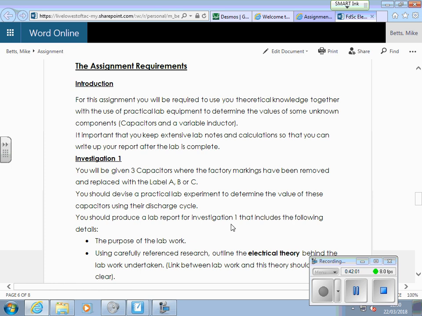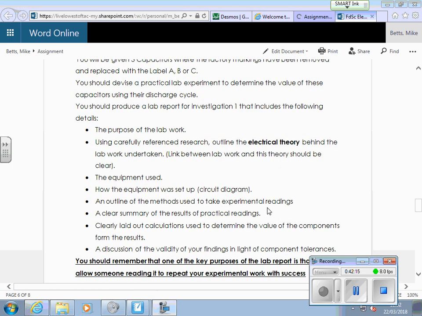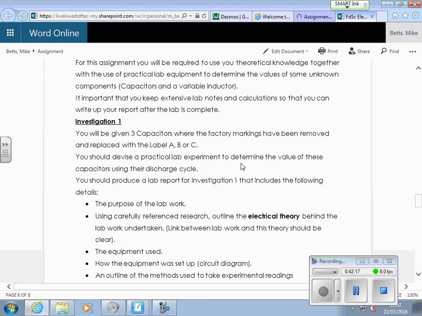You're going to use that to find out what the value of a capacitance is in microfarads or farads. I'm going to give you some guidance, but the idea is that you're devising something yourself.